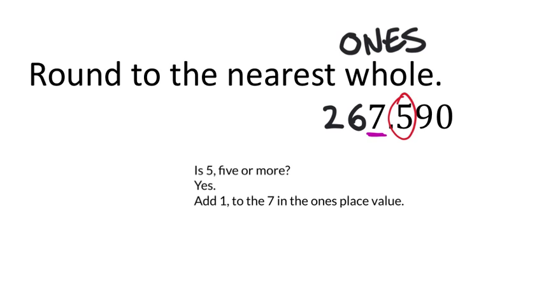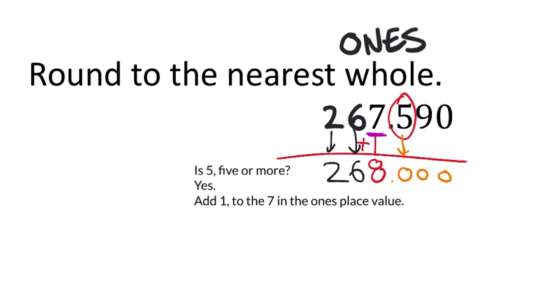Okay, so let's add 1 to that 7 in the ones place value. 7 plus 1 is 8. And then again, since I did change the problem, I'm going to change this now to 268. Now again, you could say, well, everything that was to the right became zeros. Again, I prefer just kind of cross those out. But remember, with zeros like this, you can make them phantom zeros, which means we get to ignore them. And our final answer here ends up just being 268.